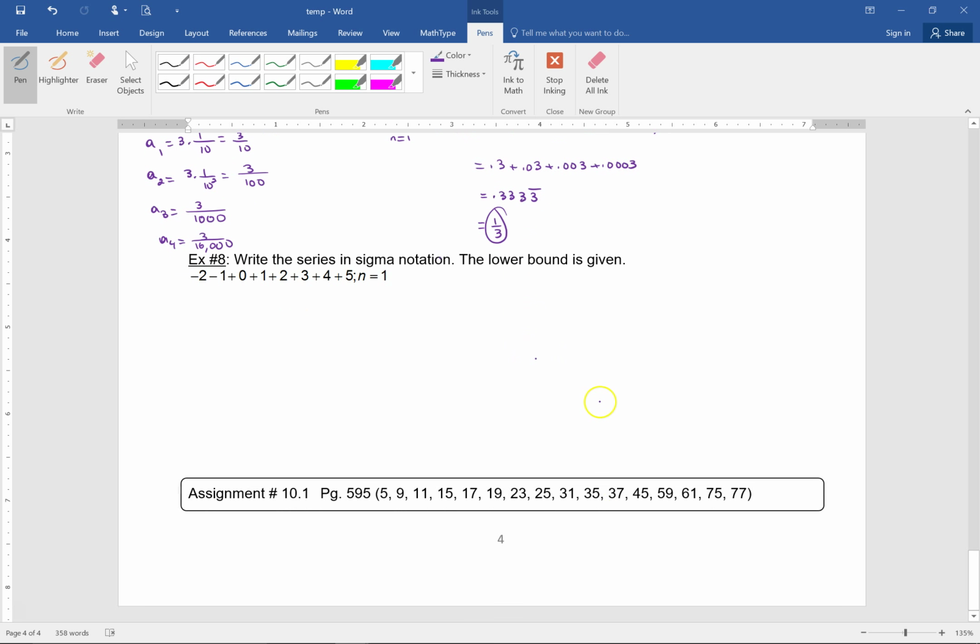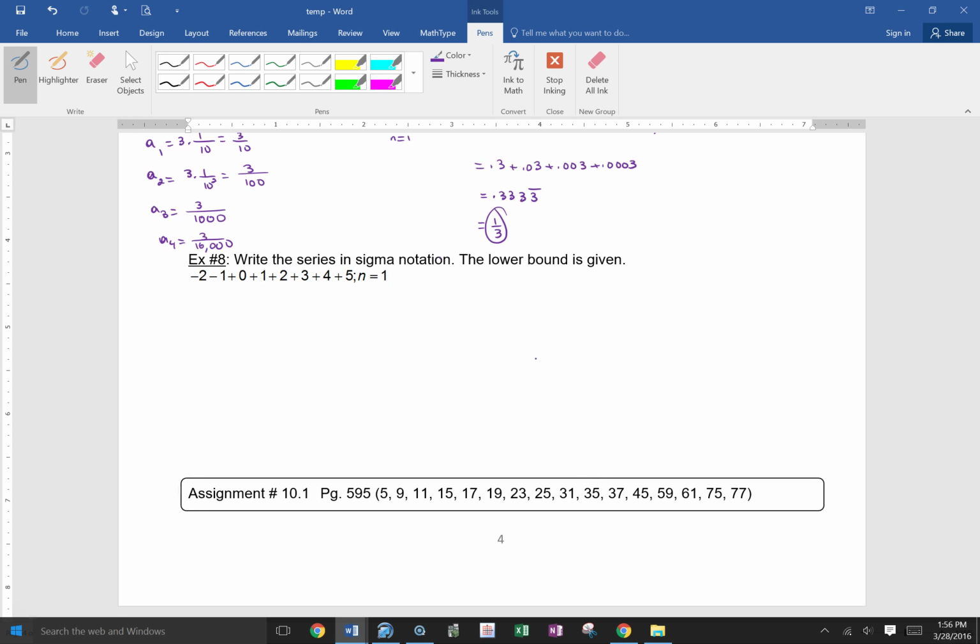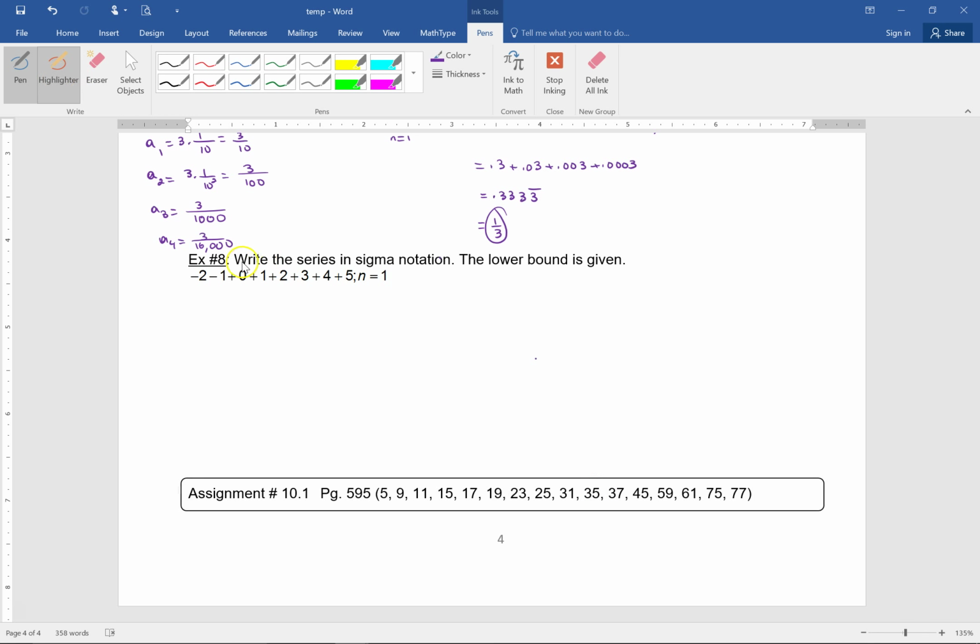Okay? Now, here's one where you have to write in sigma notation. Okay? So it says the lower bound is given. That means this is the number that you start from. So, when you do this, you're going to start with n equals 1. Now, the way you do this is this.